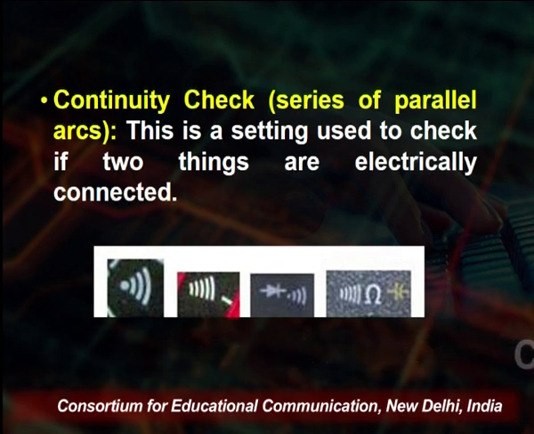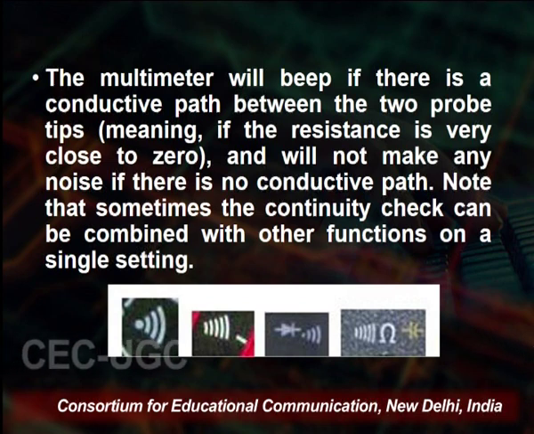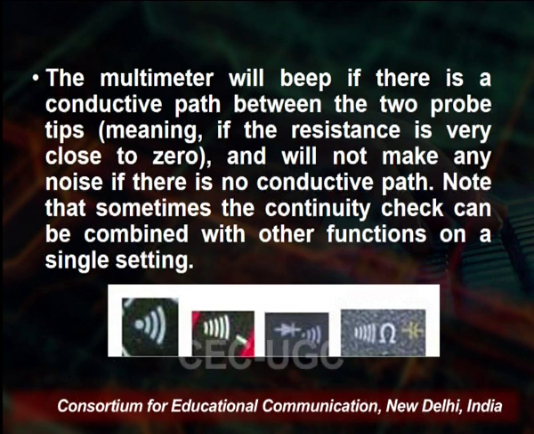If not connected, no beep will be produced. The multimeter will beep if there is a conductive path between the two probe tips, measuring resistance very close to 0, and it will not make any noise if there is no conductive path.